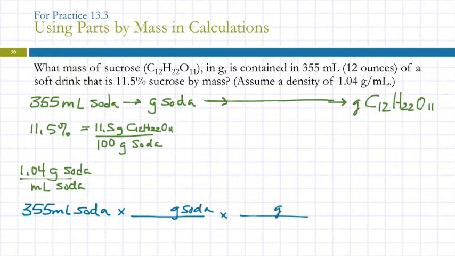And then I'm going to go to grams of C12H22O11, because those are the units I've got in my path. And then I need the previous unit to go in the denominator, so I want milliliters of soda down there. So those cancel out. And grams of soda down here, and those cancel out.